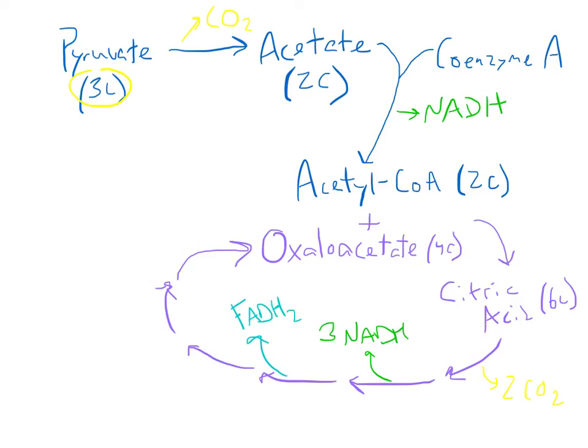Last but not least, one of the steps that occurs here is also going to form an ATP. So for the second time, we are able to form a little bit of ATP along with those two that we formed in glycolysis. And remember, the ATP production in glycolysis and in the Krebs cycle we called substrate level phosphorylation.